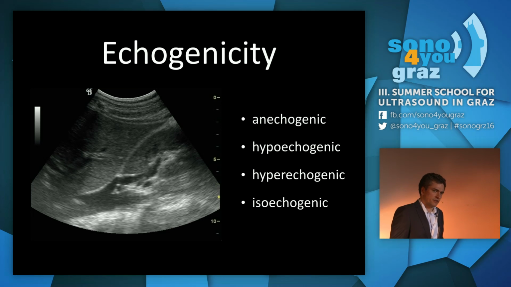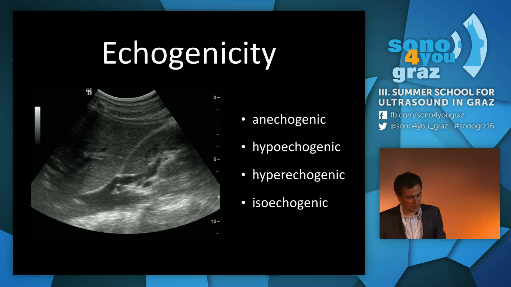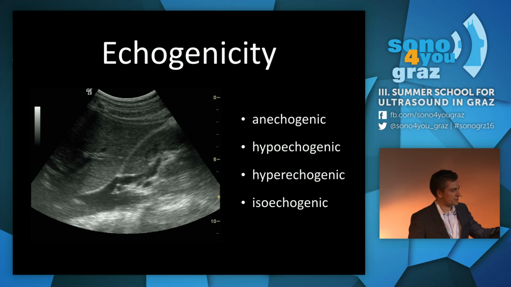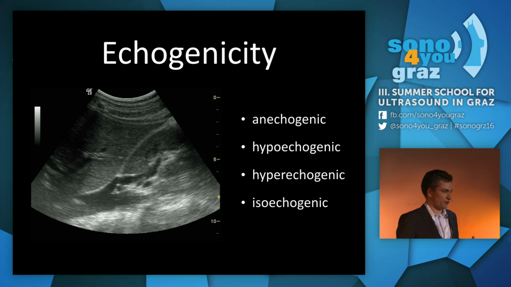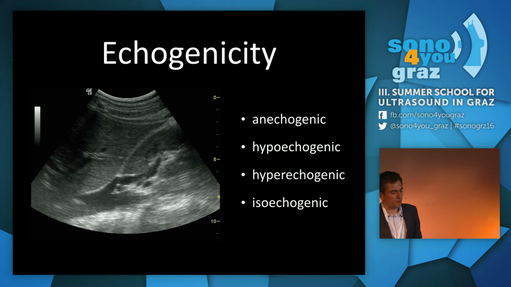When we analyze and want to discuss ultrasound images, we should talk about echogenicity. This is a little term. We want to describe it not like this is a white structure, this is a black structure. It's about echoes, and it's not the color of the tissue you actually look at. If something is really black, like the vessels we have in the middle of this image, then it is anechogenic.